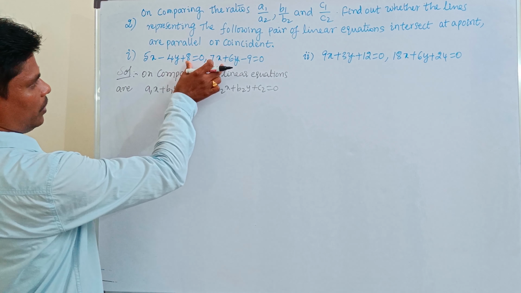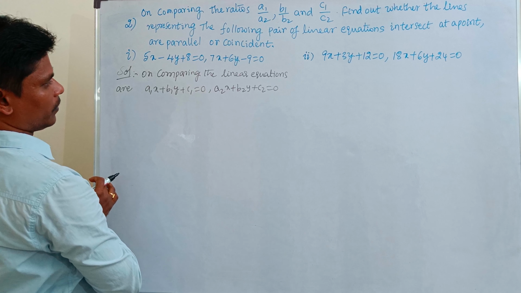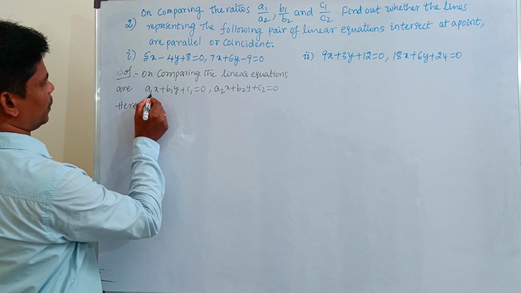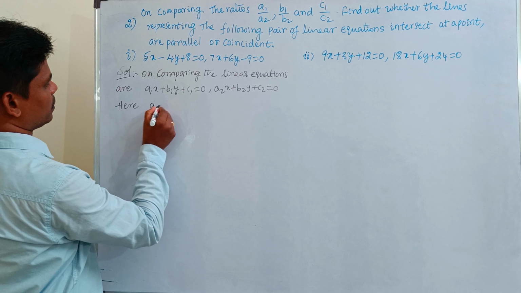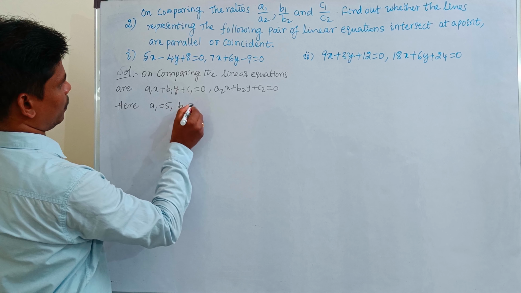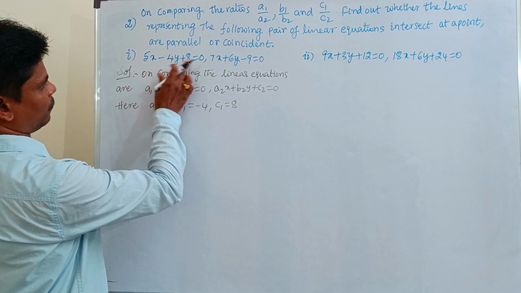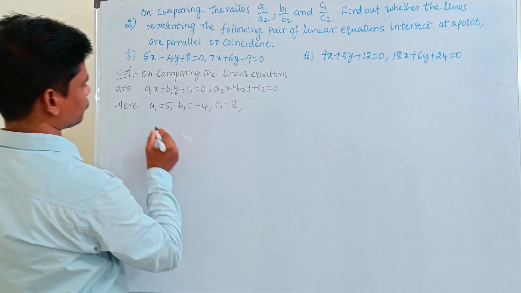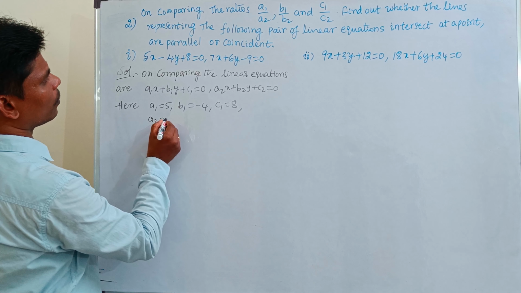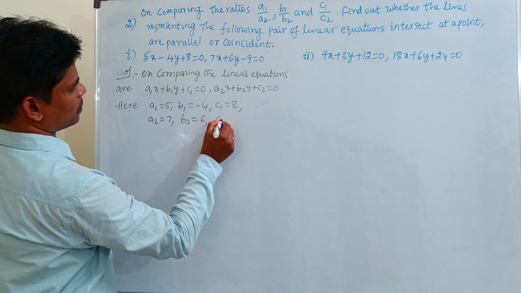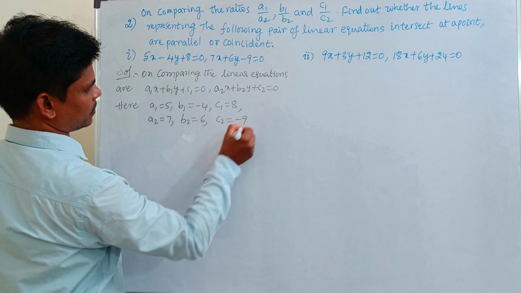So compare these two linear equations with this. Okay, so here the coefficients: a1 is equal to 5, b1 is equal to -4, c1 is equal to 8. And similarly a2 is equal to 7, b2 is equal to 6, c2 is equal to -9.